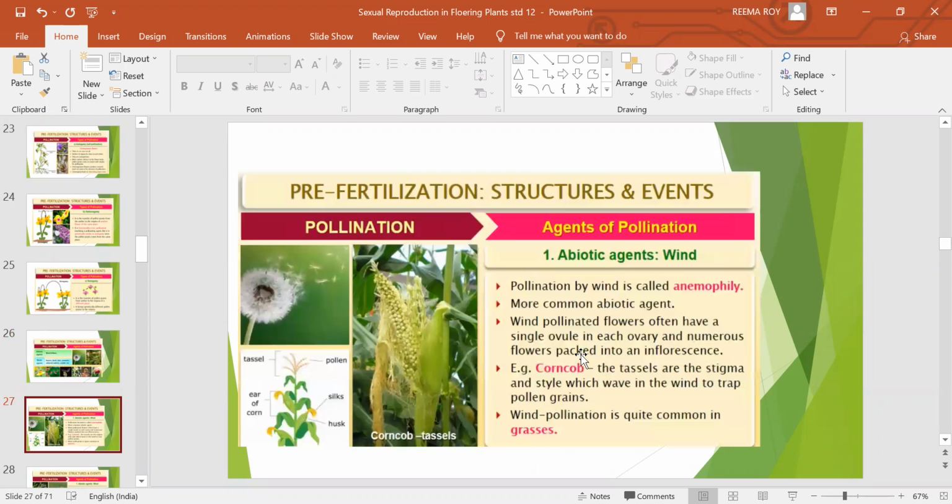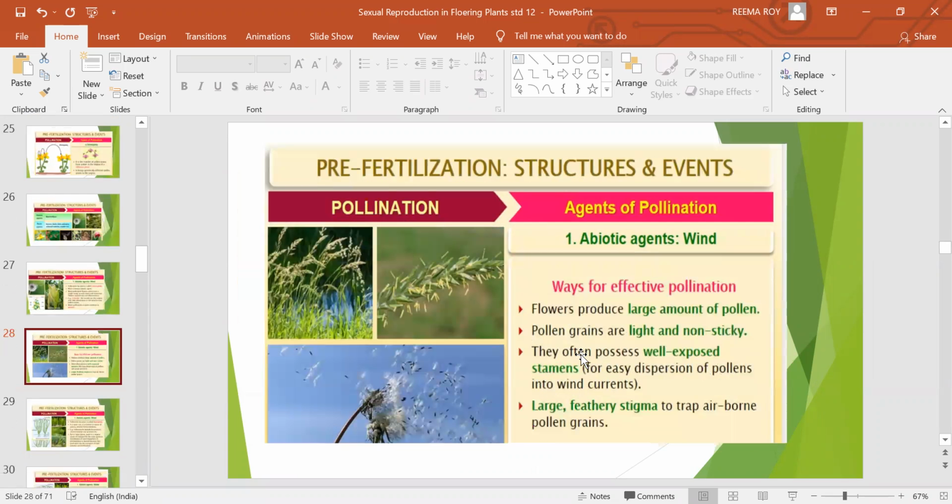ठीक है. Wind, if the pollination occurs by wind, it is called as anemophily. ठीक है. It is quite common in grasses.